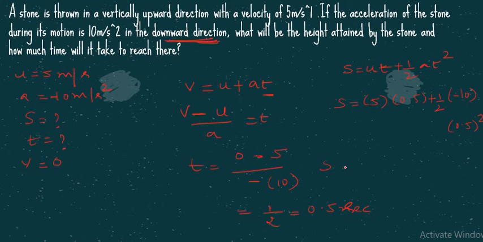So S is equal to 0.5 into 5, that is 2.5, minus 2 ones are 2, 5 into 0.25, that is 1.25. So 2.5 minus 1.25 is equal to 1.25 meters.